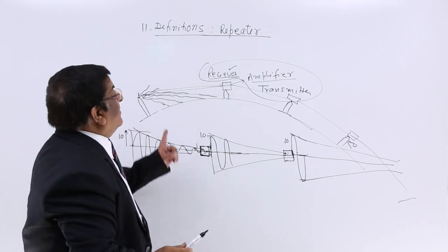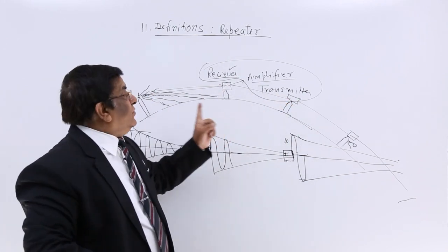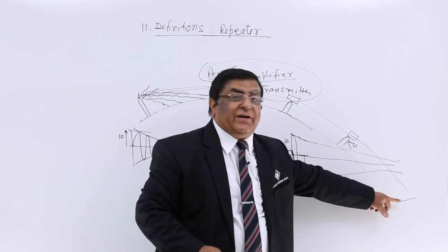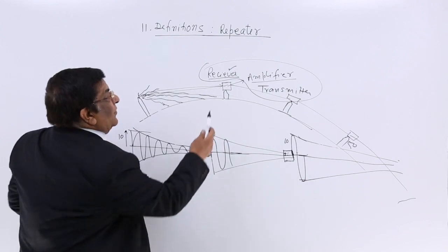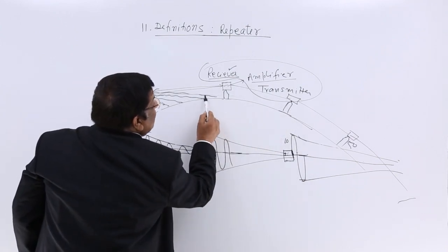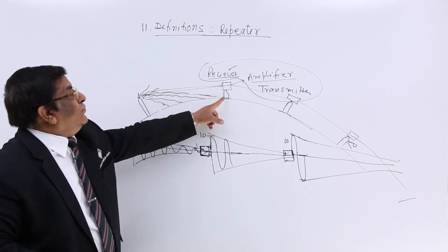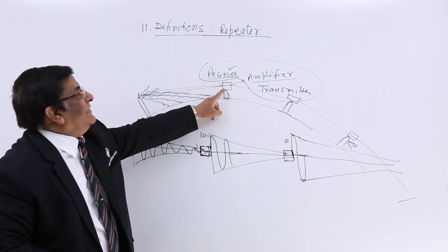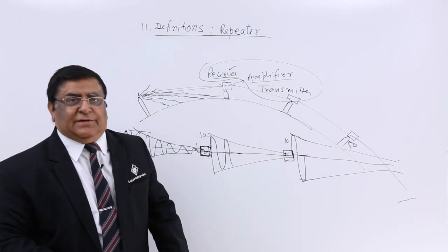That is one. Number two, because of the distance, it will become very weak. So this signal cannot reach directly here 200 kilometer. It can go maximum up to 50 kilometer. More than that, it will touch the earth and will not reach here. So we use the tower and this machine here, which is receiver, amplifier, transmitter, we call it repeater.